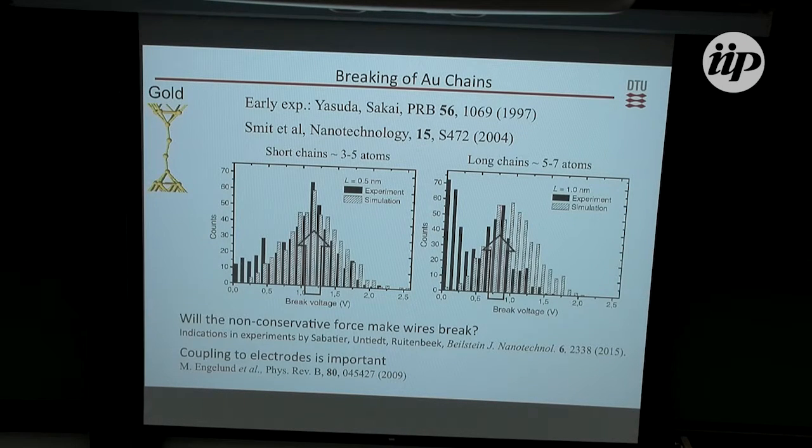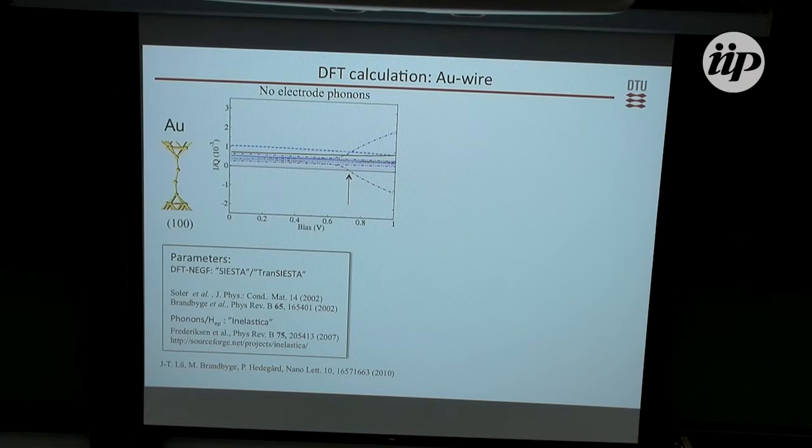It's very well known, and it's a very long, old story, that if you take, for instance, these atomic chains and you ramp up the voltage, they will break at some voltage. That's the statistics of when they break, the full line here, or the full curves, and they break around 1 volt. And this is a DFT calculation of this system here. These are the inverse Q factors, so you can say the damping of the different modes.